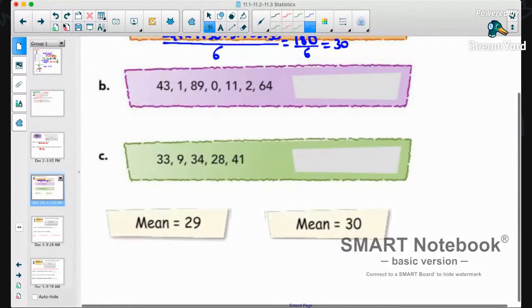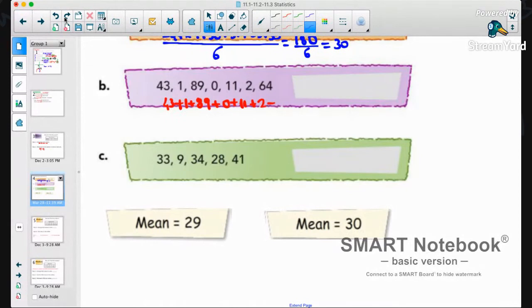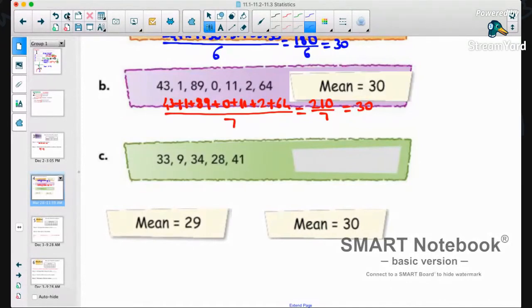Next, if you add up all the given data, you are going to get the sum. Then you count how many data there are: 1, 2, 3, 4, 5, 6, and 7. If you add them up, you will get 210 divided by 7, and your mean is 30 as well.